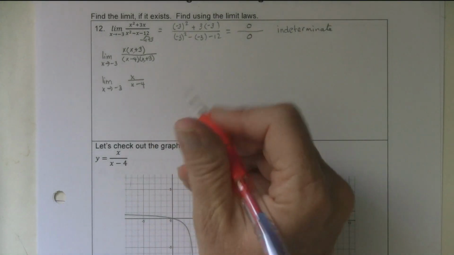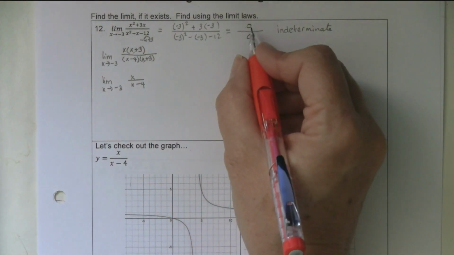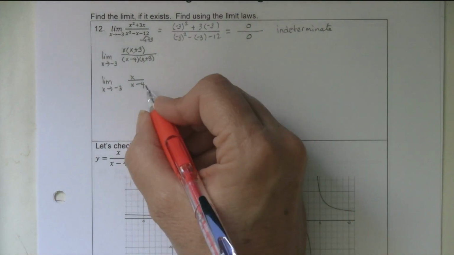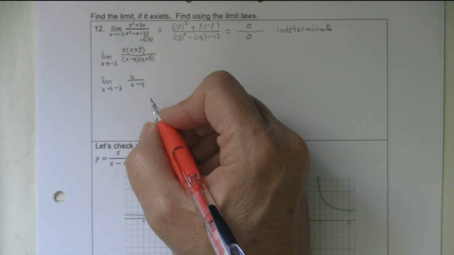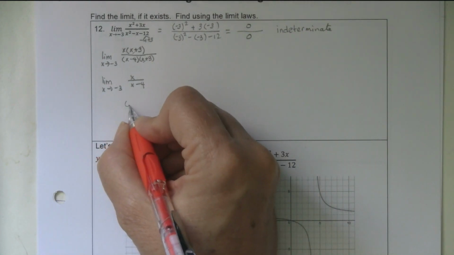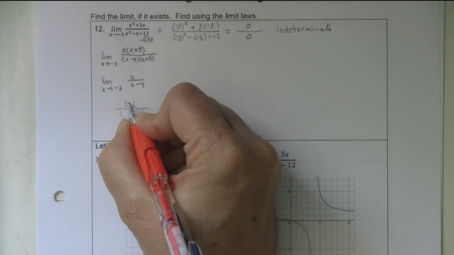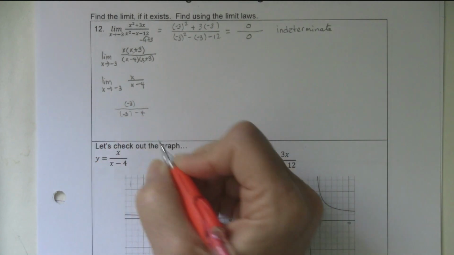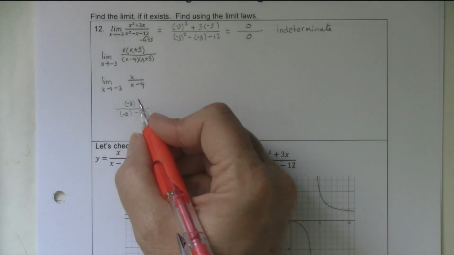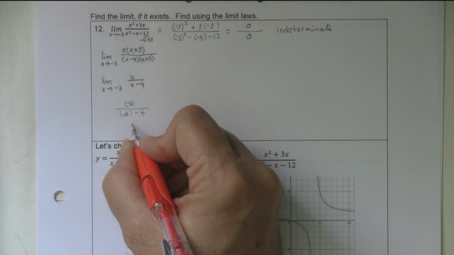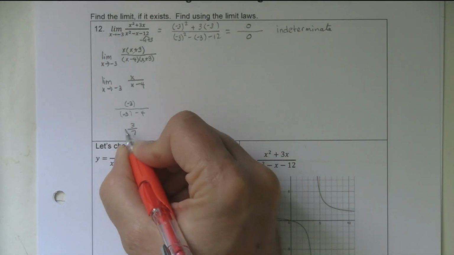And so now I've converted it from 0 over 0 to something that doesn't have 0 in the denominator. And so now I can just plug in. So this is this over this, right? And you plug in negative 3. And I know the parentheses weren't really necessary here, so that's negative 3 over negative 7, which is 3/7.